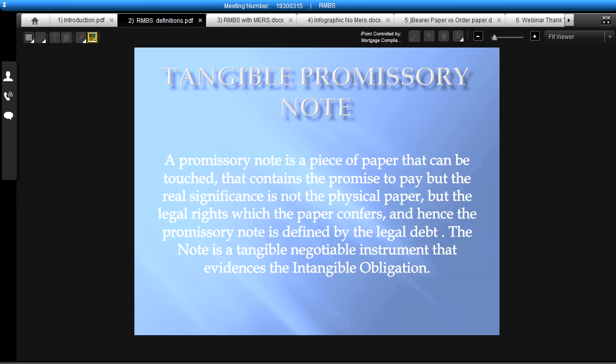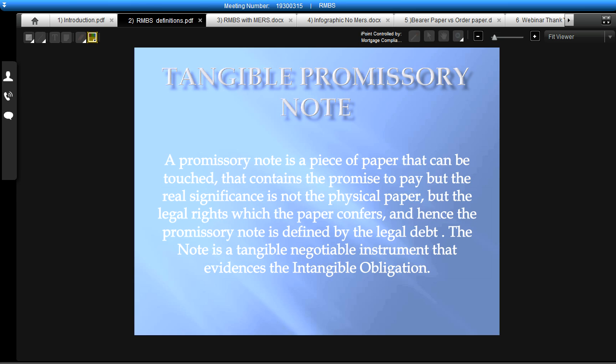That means a promissory note, tangible, is a piece of paper that can be touched, that contains the promise to pay, but the real significance is not the physical paper, but the legal rights which the paper confers, and hence the promissory note is defined by the legal debt. The note is a tangible, negotiable instrument that evidences the intangible obligation, which is the right for future payments.